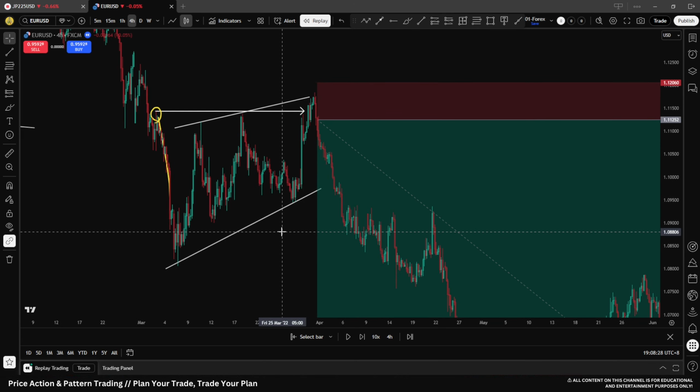So that's a nice example to show how the fundamentals dictate our overall bias, and then we use the multi-time frame approach to drill down to the lower time frame to refine our entries.